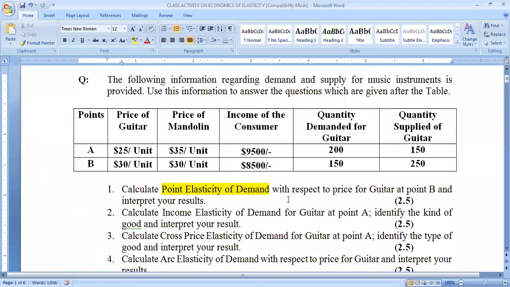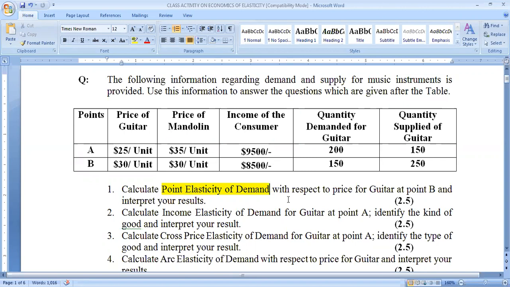We have understood what is elasticity of demand. We know that it is a ratio of percentage change in quantity demanded to the percentage change in price, but we have not read about point elasticity of demand. So from point I mean that we are looking to find out the value of elasticity of demand at any specific point upon a demand curve.